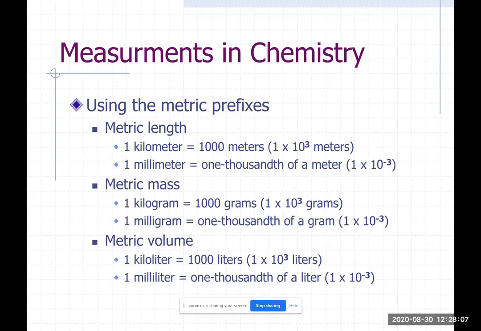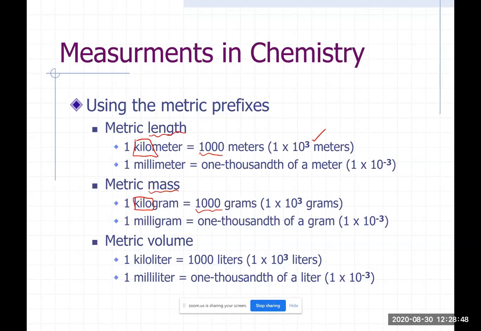For example, if we're measuring length using the metric system, 1 kilometer is equal to 1,000 meters. 1,000 is equal to 1 times 10 to the 3 in scientific notation, which we'll go over soon. If we look at mass, 1 kilogram is 1,000 grams.